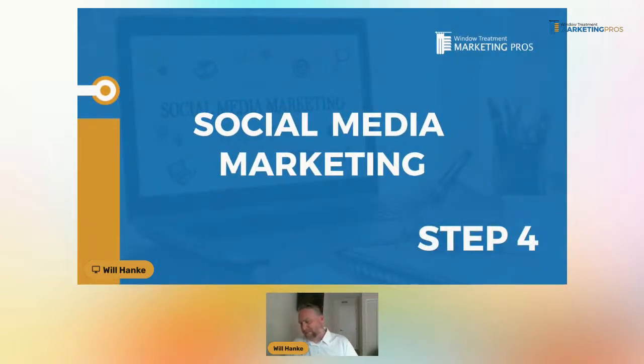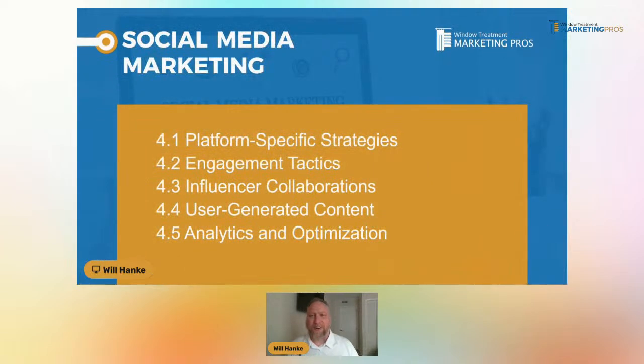So, all right. Step number 4, we're plowing through these steps. Step number 4 is all around social media marketing. We've already kind of started to mention some of these things in here, but some different platform specific strategies. There are different things you can do on different platforms to get eyeballs. So user-generated content, we'll talk about some of these here.